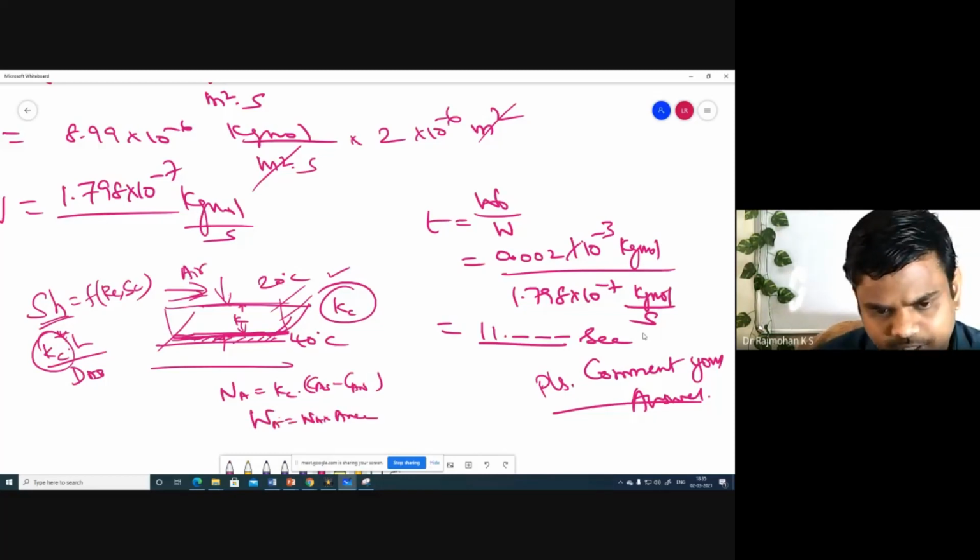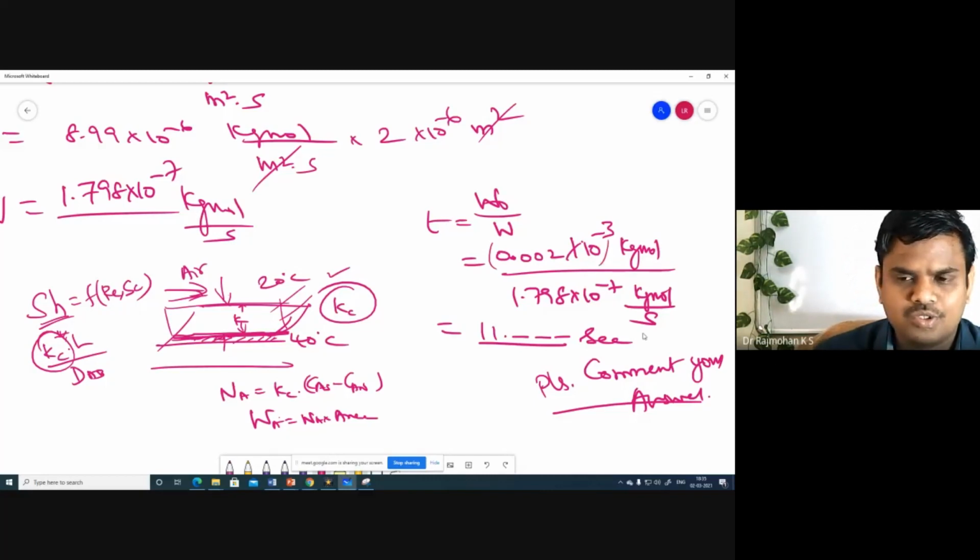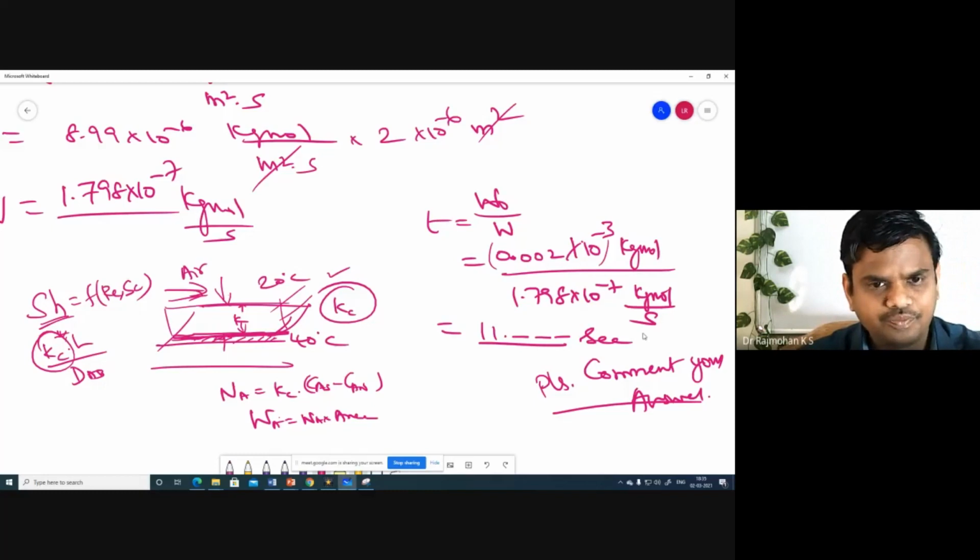Once we calculated WA, we calculated the time taken to evaporate completely: initially there was 2 into 10 power minus 6 kg moles of solvent, and we found how much time it takes to evaporate completely. In this lecture we have solved several numericals to determine the mass transfer coefficient using the correlations between Sherwood number, Reynolds number and Schmidt number.